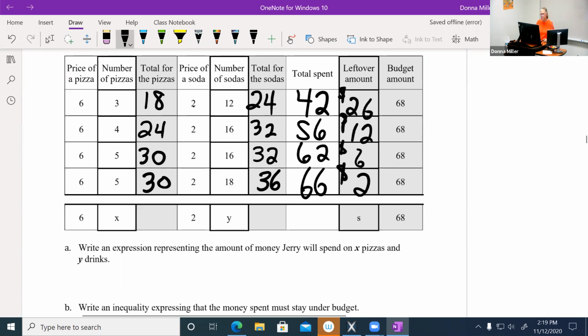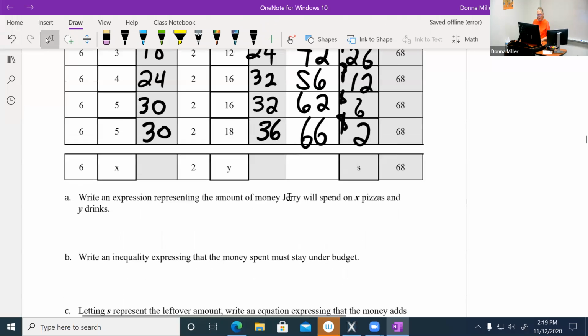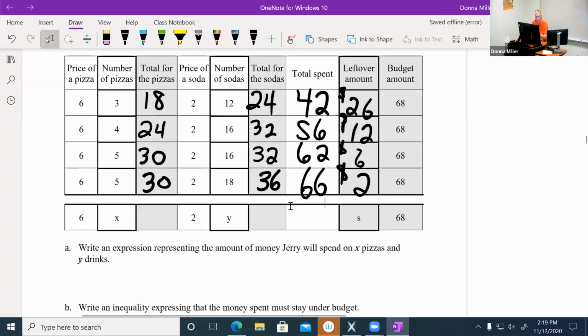So in general, if I spent $6 for a pizza, I bought X pizzas, the price for the pizzas would be 6X. And the price for the sodas, $2 a soda times Y sodas, would be 2Y. So the total I spent would be 6X plus 2Y, right?